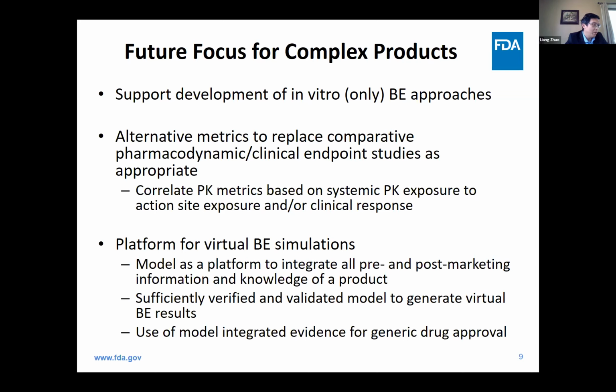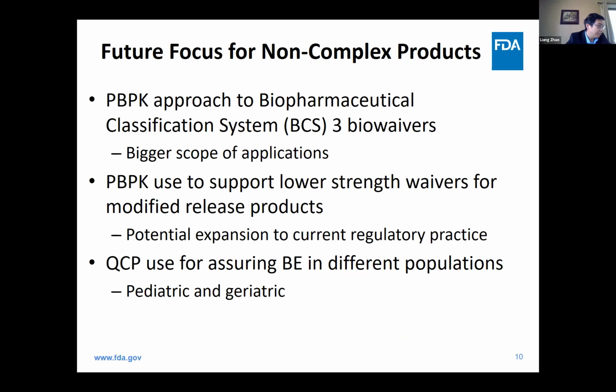I kind of heard the question to the previous presenter regarding model verification and validation, and it really depends on the purpose and the regulatory impact of the model in terms of the extent of model verification and validation. Next slide, please.